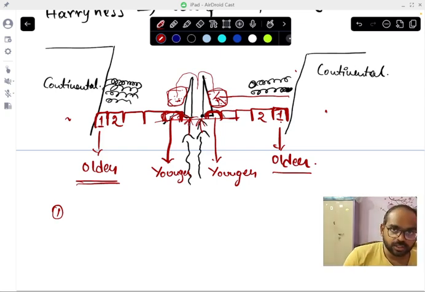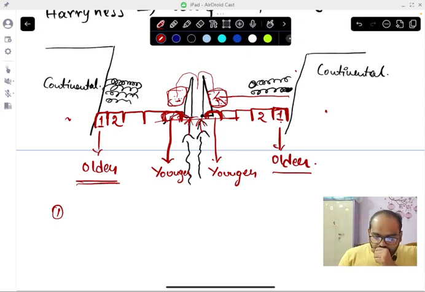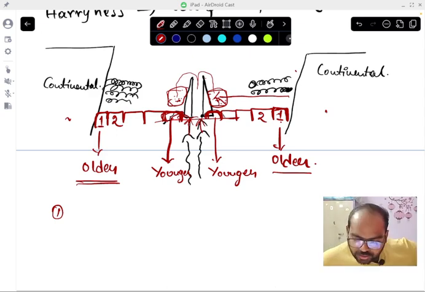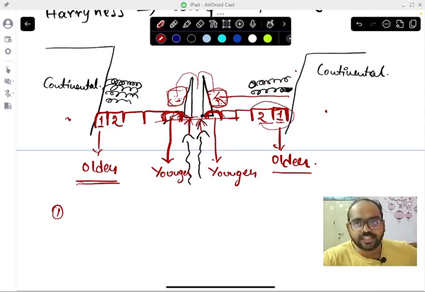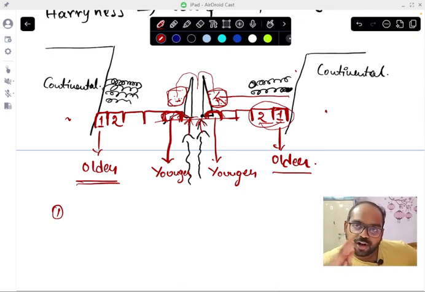Okay, now coming to the third point. Ocean crust rocks are much younger than the continental rocks. These rocks, one and two, are part of the continental crust because they are adjacent to the continent, and they will be under the influence of the continental shelf.